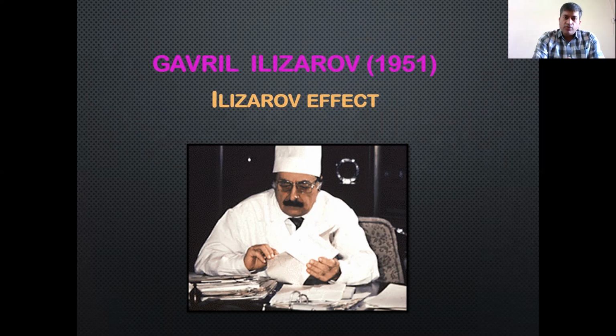According to the Ilizarov effect, when we apply tension on the osteotomized bone segments, it stimulates formation of new bone. And this new bone formation occurs along the direction of tension. So the stress tension effect, also called the Ilizarov effect, simply states that there will be new bone formation in the area of bone where tension is applied along the osteotomized bone segments.